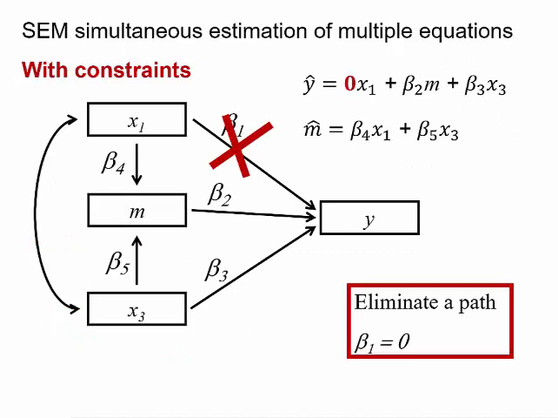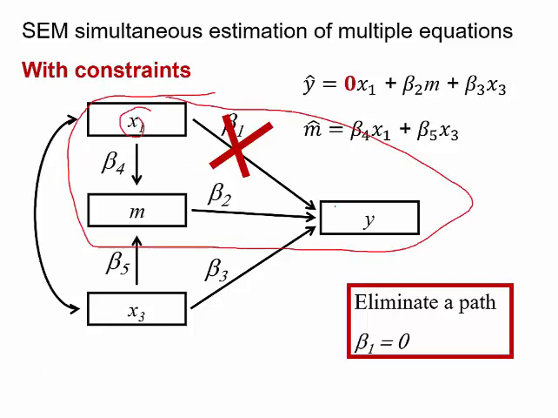One type of constraint I could do is constrain a parameter to be 0. I could say it doesn't exist or it's not theoretically relevant. To think about this, recall our previous unit about mediation. In this part of our equation, we've got an x predicting y and a mediator.